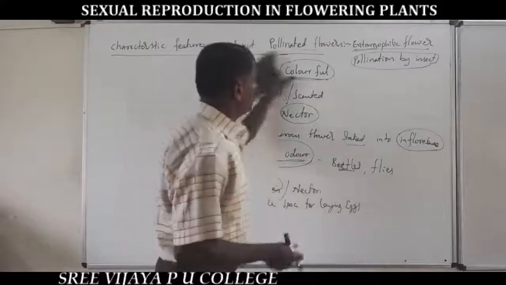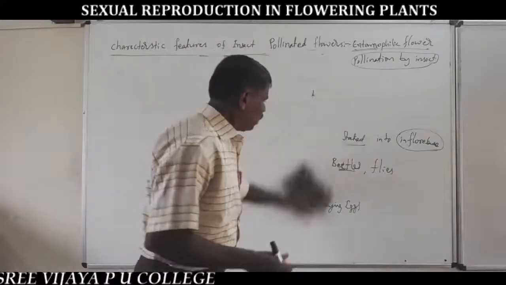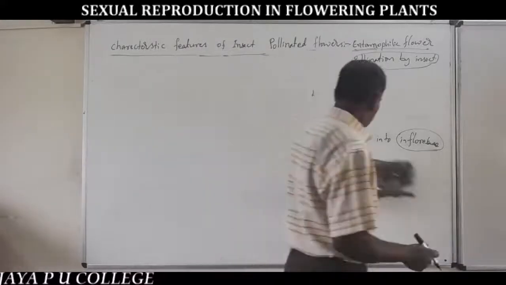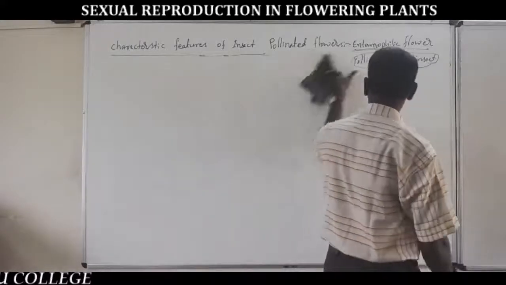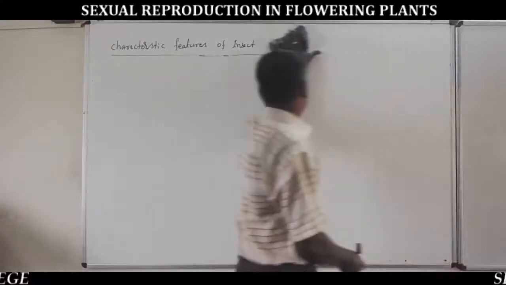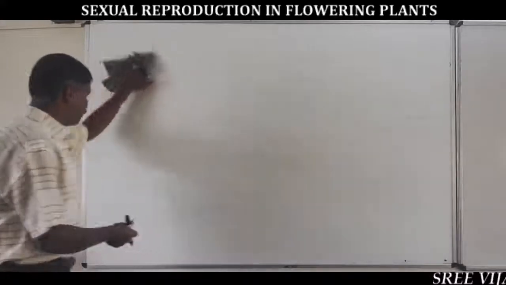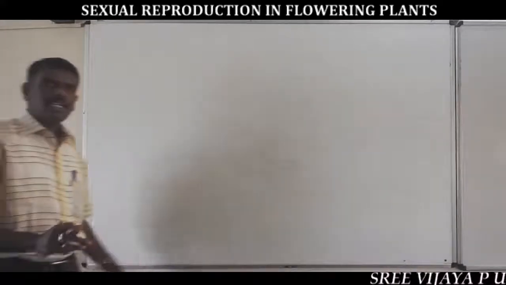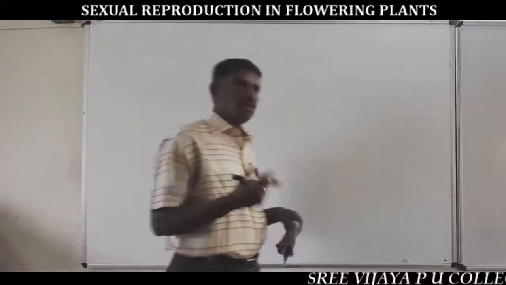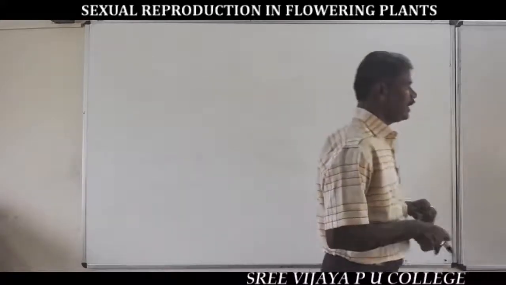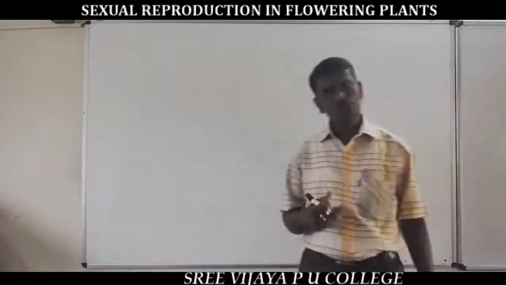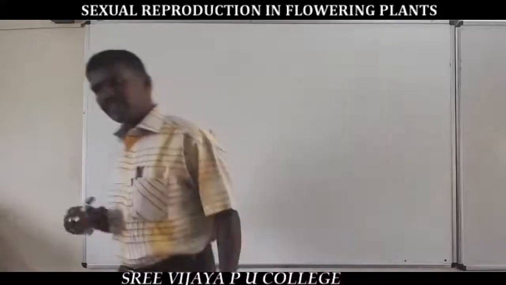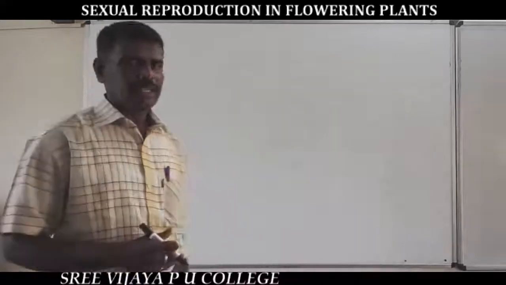Next, pollination is the transfer of pollen grains from anther to stigma. Not all flowers or all plants are self-pollinated; even certain flowers are cross-pollinated.